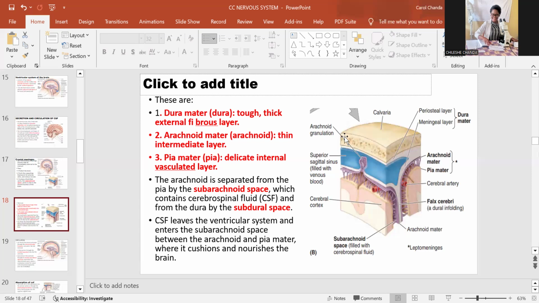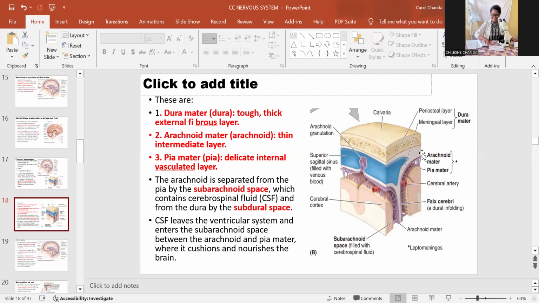So this is the bone making the skull, and then we have the dura mater. The dura mater is one of the meninges, and this is the outermost layer of the three layers.